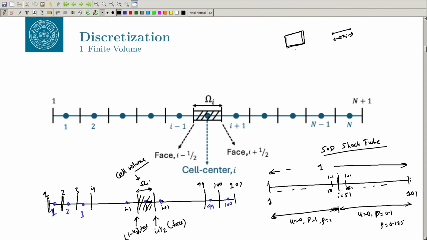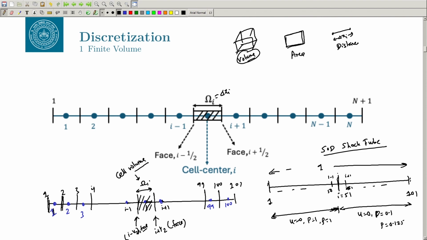So in 2D it is the area, in 1D it is distance, and in 3D it is the volume, cell volume. Because we call it cell, we will use this terminology volume everywhere. In the 1D case this omega is nothing but delta xi, that is my cell volume.